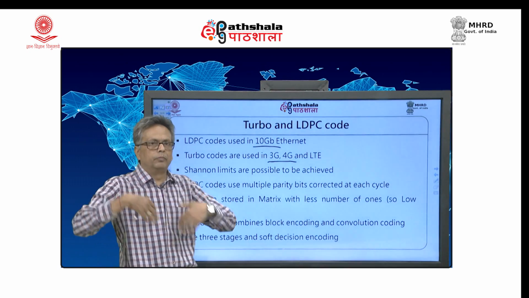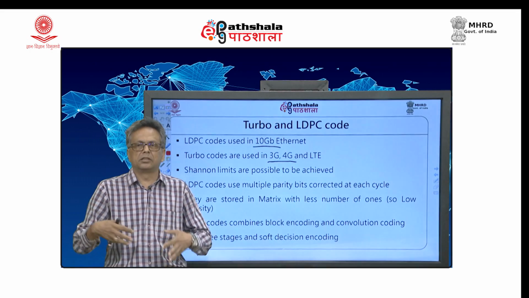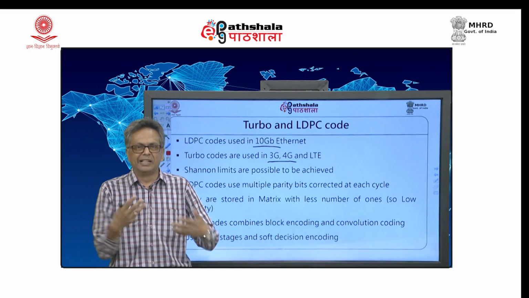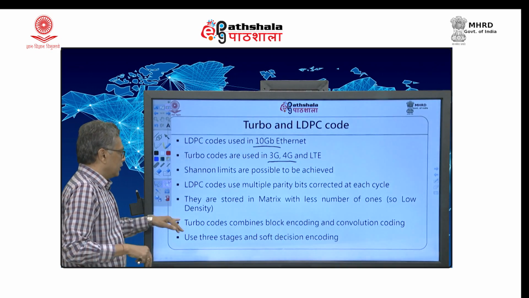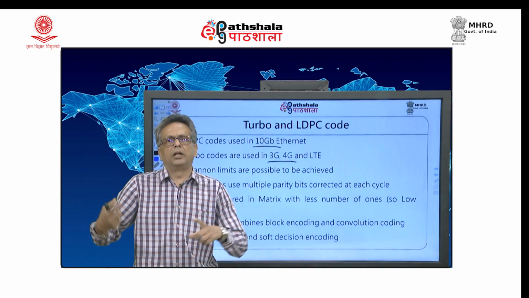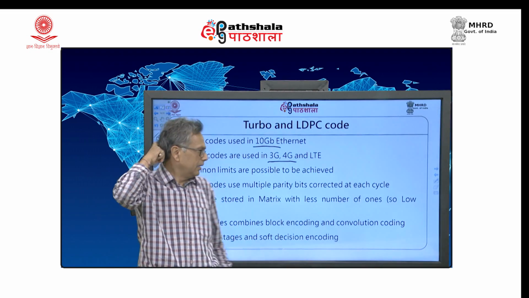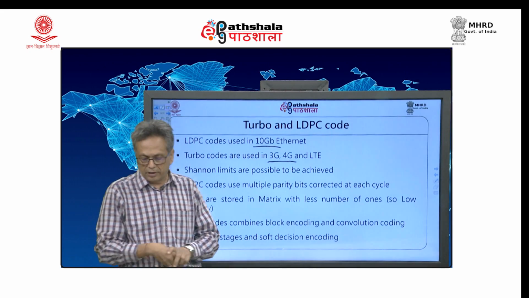Actually, it will continue revising that, eventually you will get the output which is nearest with least error. Okay. It is an iterative process. Okay. And turbo code applies 3 stages and will correct the error. Turbo code is again a soft decision encoding code.